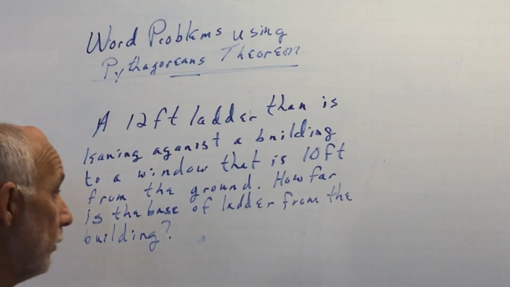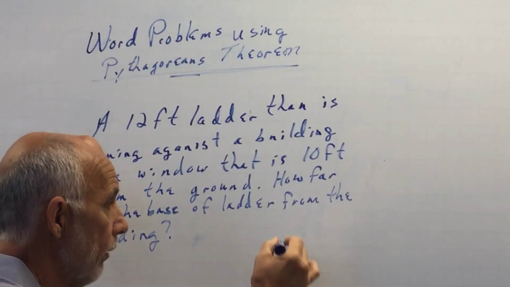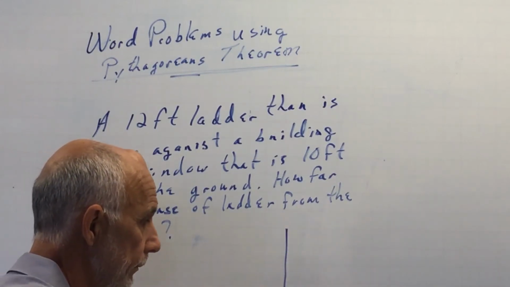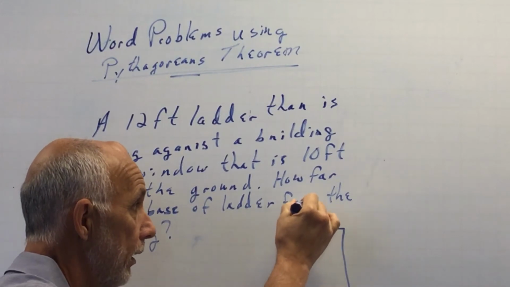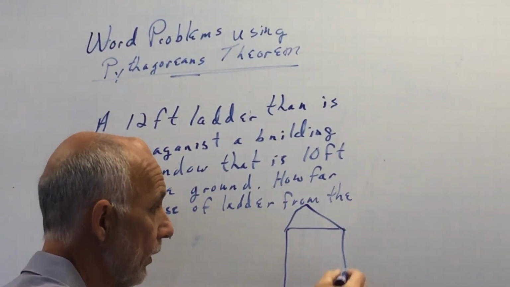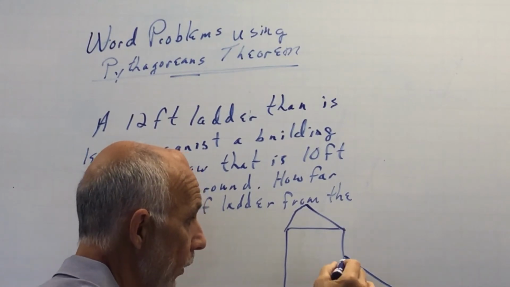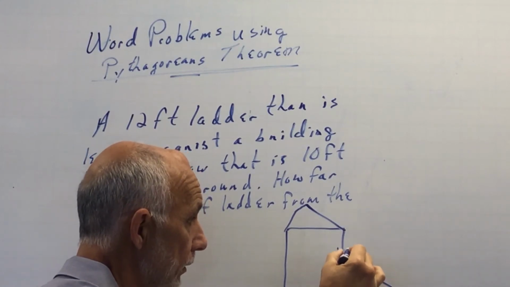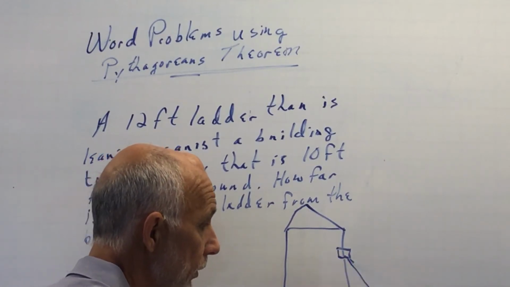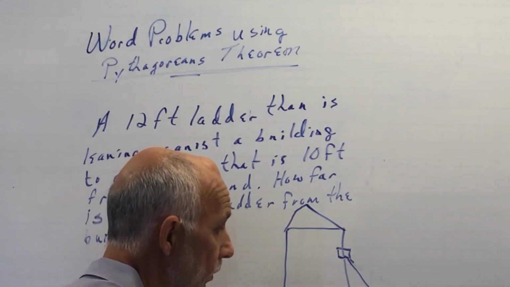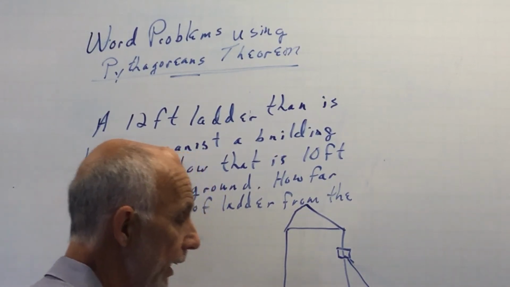So what picture am I going to draw? Well, you know how great an artist I am, but we're going to draw a building. I think I can handle that, at least somewhat. Okay, and the building is going to have a ladder leaning against it and a window up here. Okay, and it wants you to find out how much distance there is.